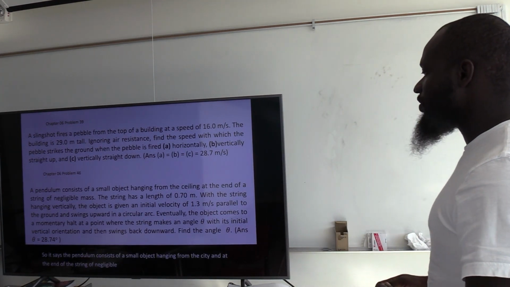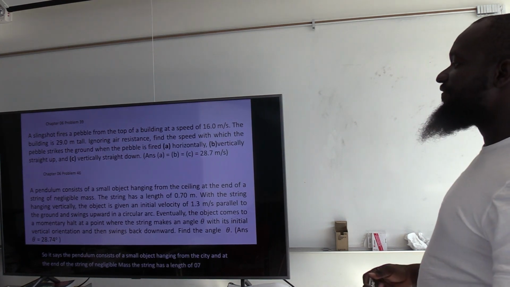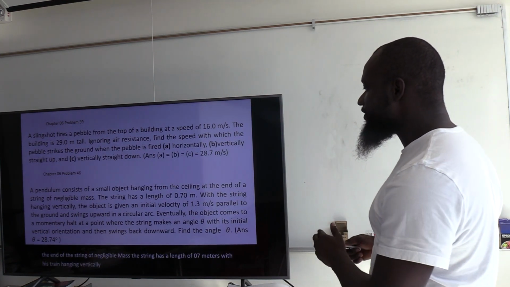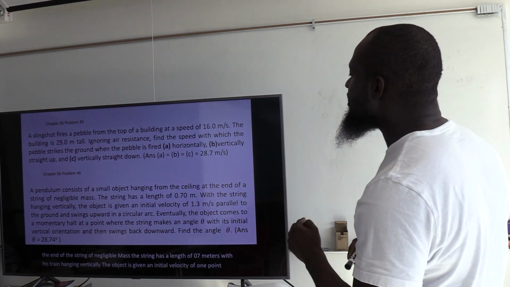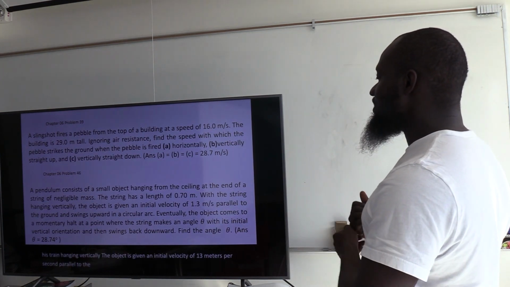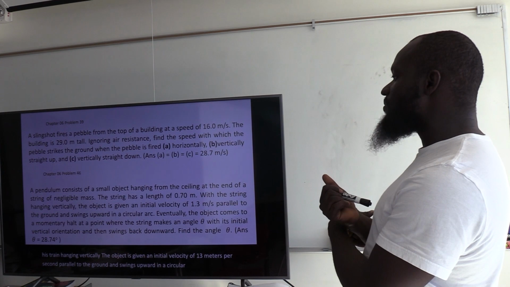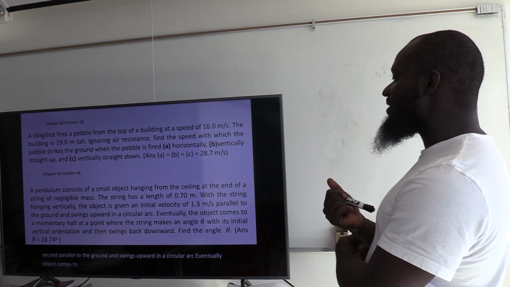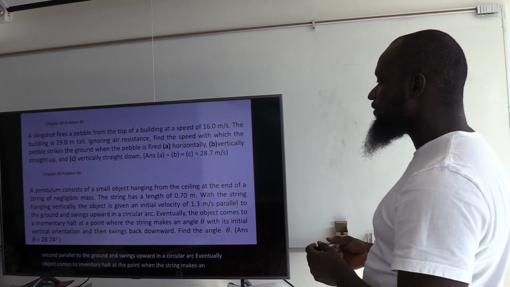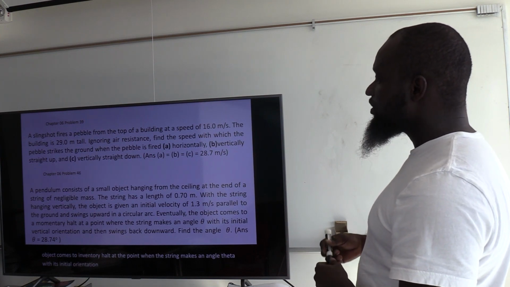The string has a length of 0.7 meters. With the string hanging vertically, the object is given an initial velocity of 1.3 meters per second, parallel to the ground, and swings upward in a circular arc. Eventually, the object comes to a momentary halt at a point where the string makes an angle theta with its initial vertical orientation, and swings back downwards.